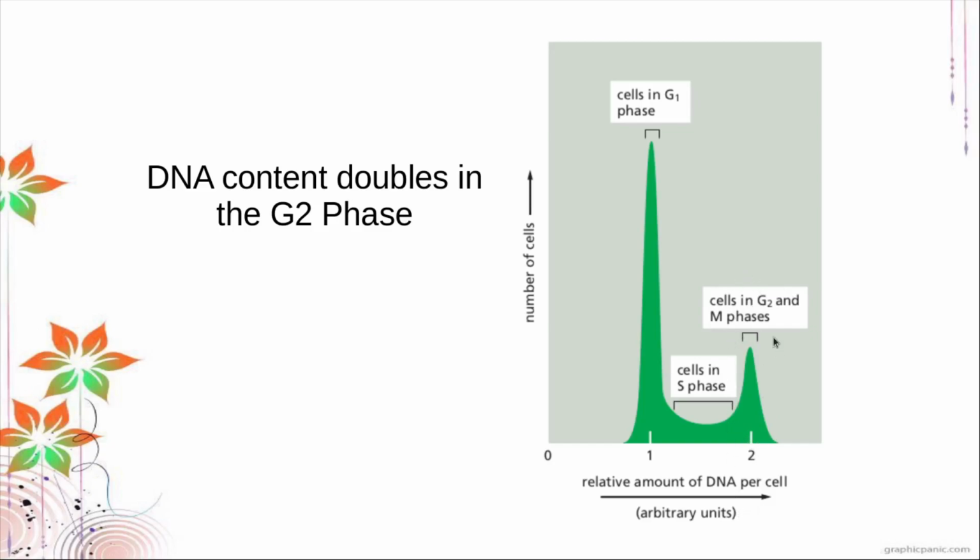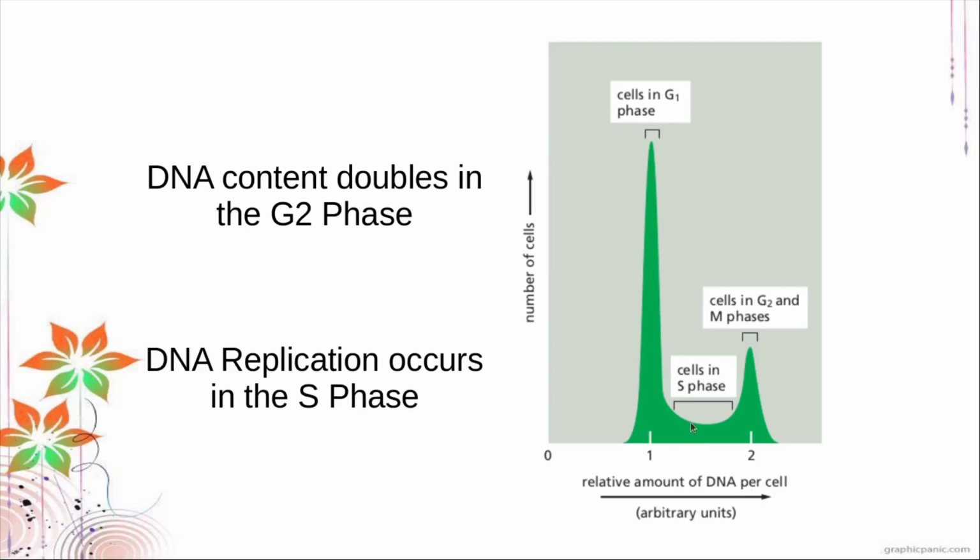The reason there is twice the amount is that in the G2 and M phases, they are preparing for cell division. You will end up with two daughter cells that must each have 46 chromosomes, or 23 pairs of chromosomes. So even in a single cell in the G2 and M phases, you have twice the amount of DNA. That also means that what is in between the G1 and G2 phases is the S phase, and that is where the DNA replication occurs.